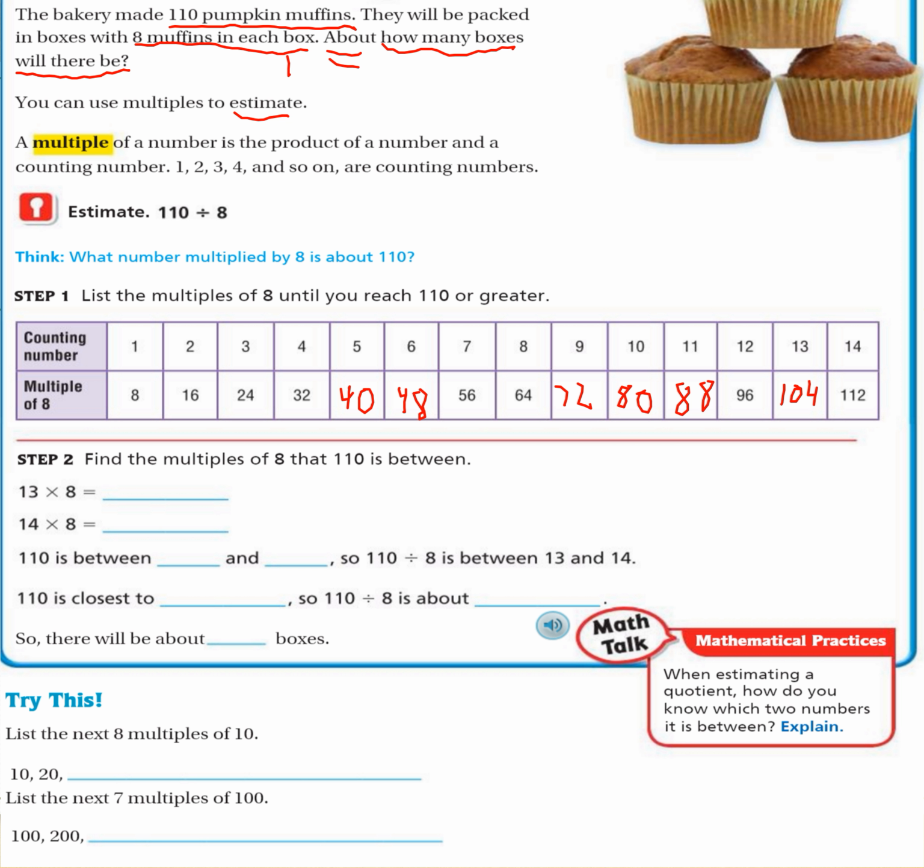So step 2, if we come down here, let me find my cursor again. There it is. Find the multiples of 8 that 110 is between. So in our problem, we found 13 times 8, which was right over here, the 104.